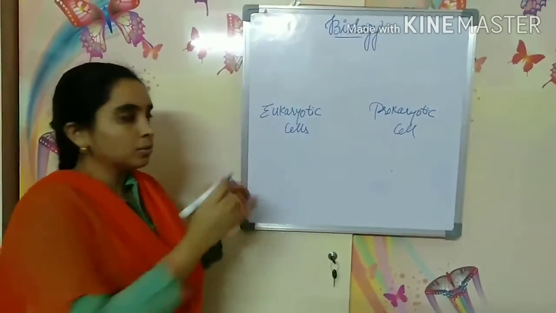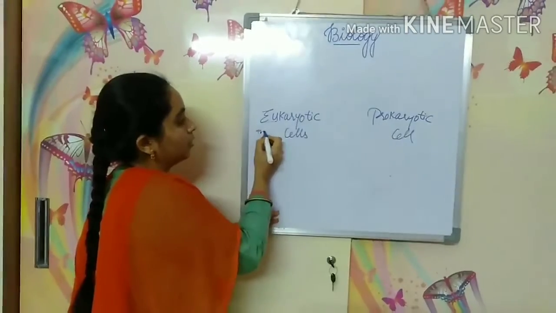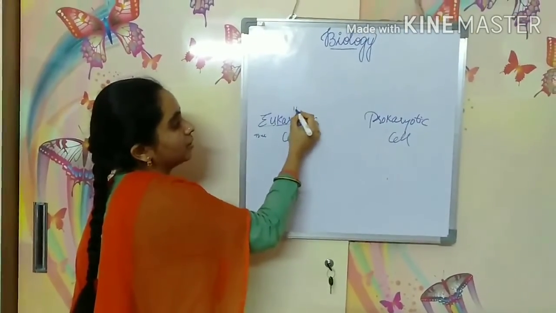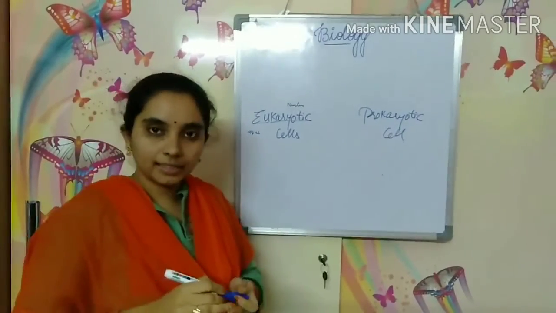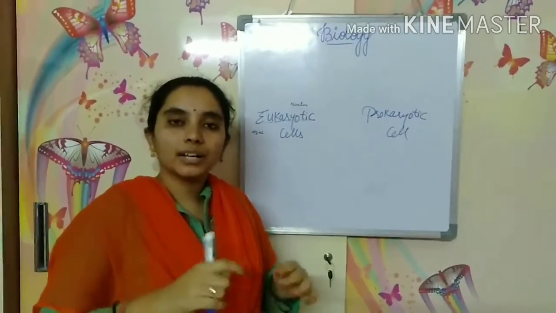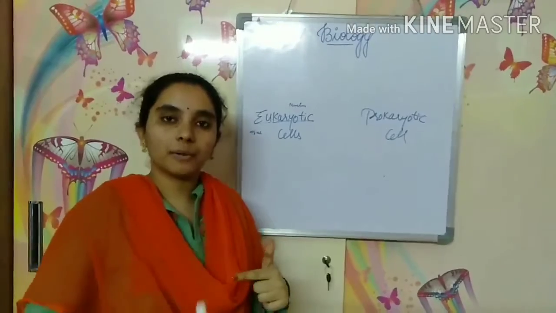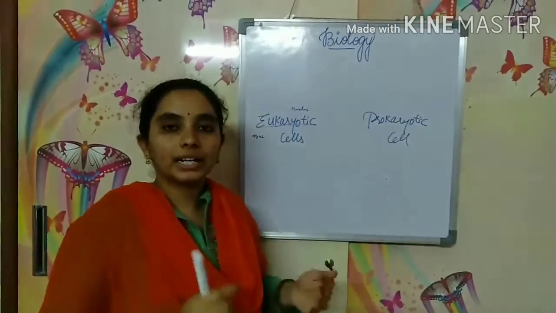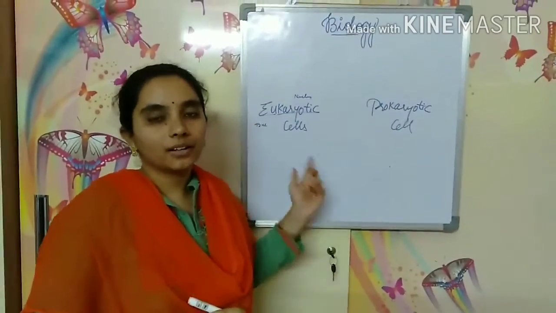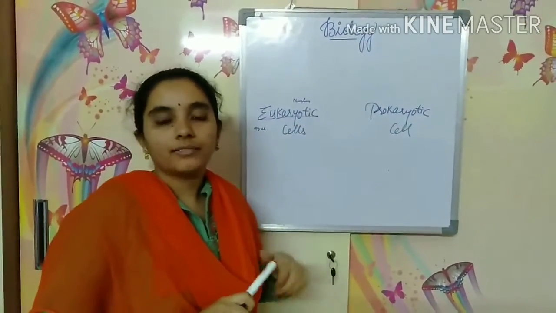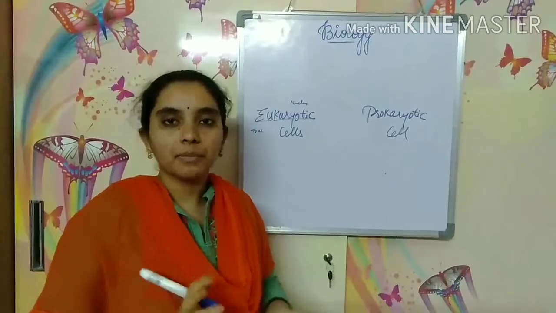Eu means true, and karyot means nucleus. So they have a true nucleus present in the cell, the nucleus is surrounded by the nuclear membrane, and the genetic material is within the nucleus. So they are called eukaryotic cells, for example animal cells and plant cells.